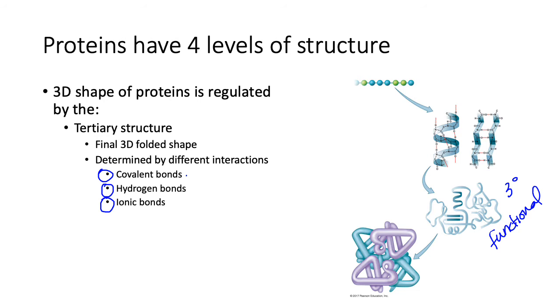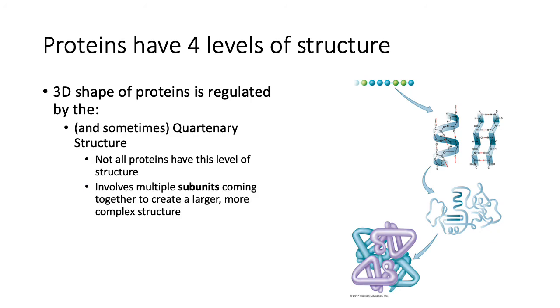However, some proteins do have this 4th level of structure that I do want to talk about. So not every single protein has this, but when it does, that 4th level is called the quaternary structure. So think quarter for 4 quarters in a game, 4 quarters make $1. So the quaternary structure represents the 4th level of protein interactions.